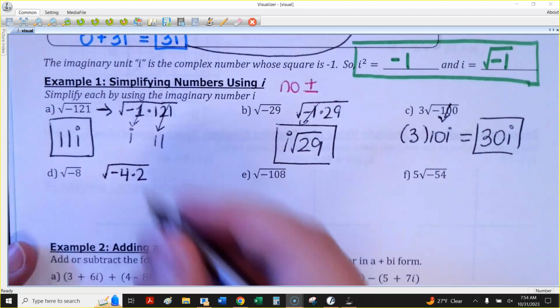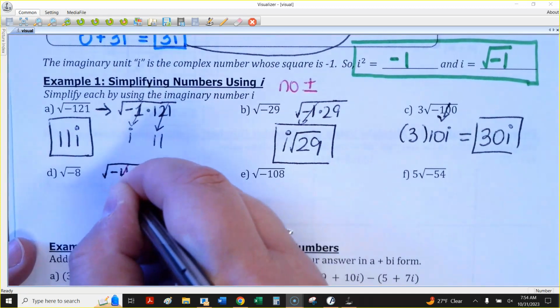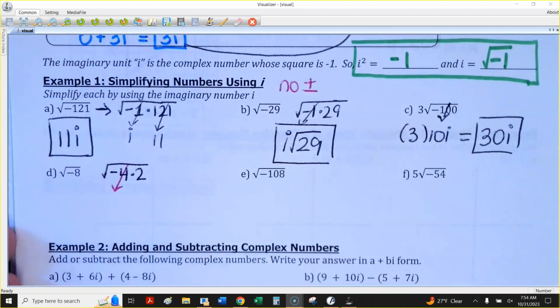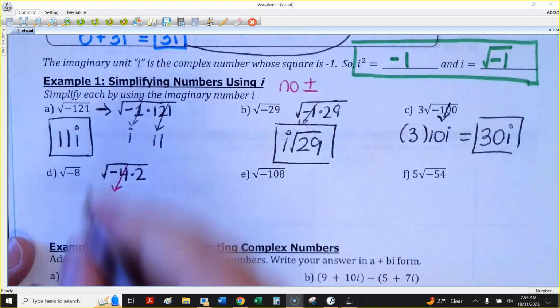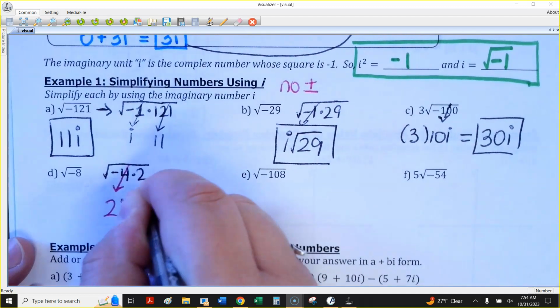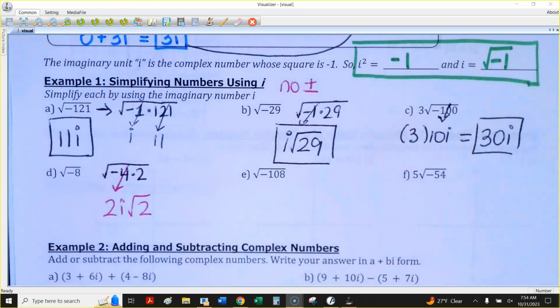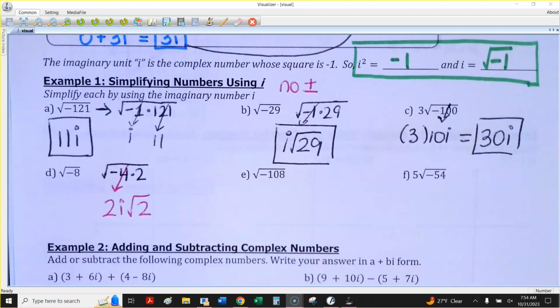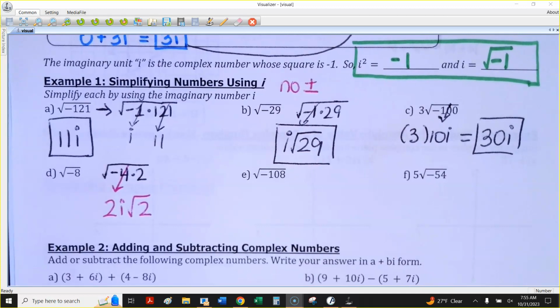What would be the square root of negative 4? Carter, we think? 2i. And then you just leave the 2 under the square root, that's it. Now don't get tripped up. Sometimes people will see the negative and they'll want to write negative 2i. Don't do that. The square root of negative 4 would just be 2i.